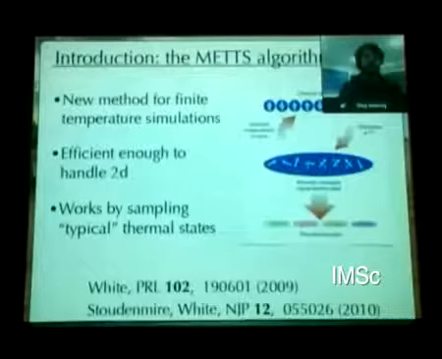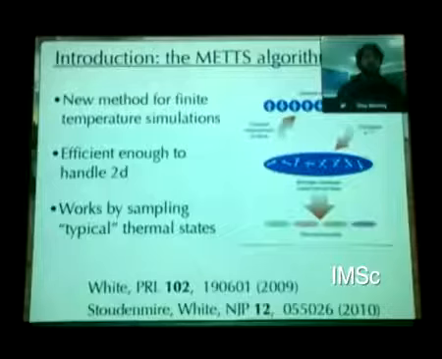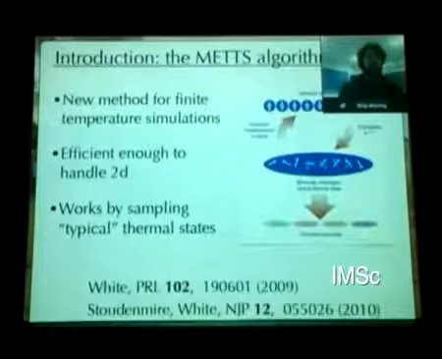By way of introduction, this is a method for doing finite temperature simulations, and it's very efficient. It solves many of the efficiency issues that were present in attempts to do finite temperature DMRG. It works as a sampling method, a type of Monte Carlo method, but one that does not have a sign problem. It samples finite temperature states that we call typical thermal states.